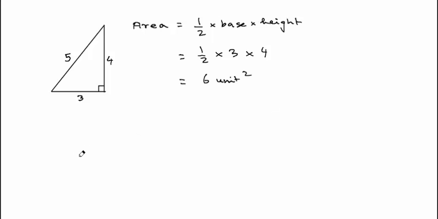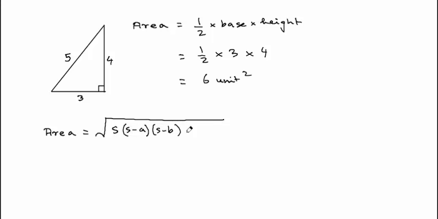Now let's try and find the area using the other formula that we just learned. Area is equal to square root of S times S minus A, S minus B, S minus C, where S is equal to the semi-perimeter, 5 plus 4 plus 3 all over 2, which is equal to 5 plus 4 is 9, 9 plus 3 is 12, 12 divided by 2 is 6.